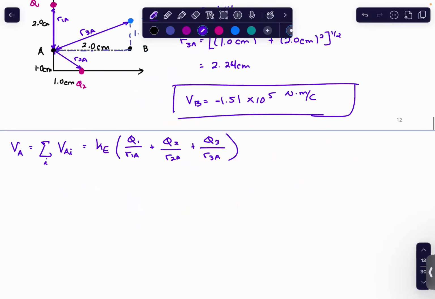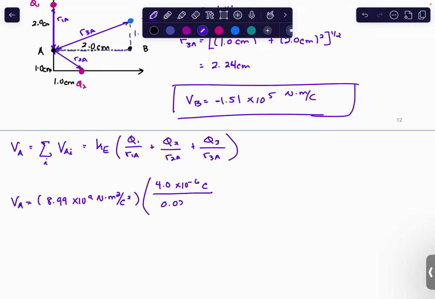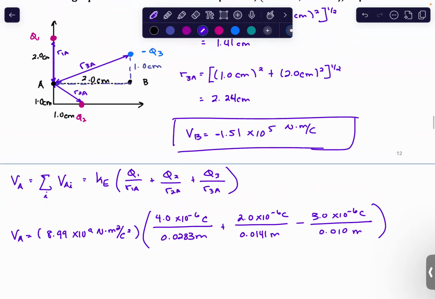Oh, work done. Okay. All the solution you have from last time was for the first part of this where we solved the potential at B. Now we have to get the potential at A so we can get the work done.